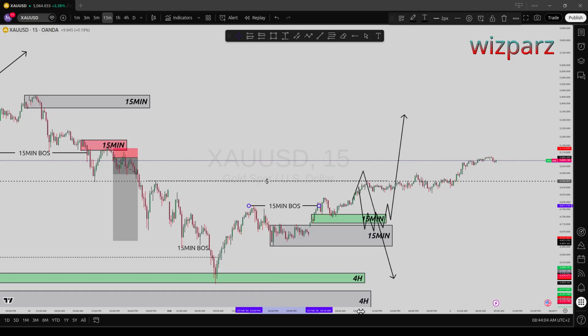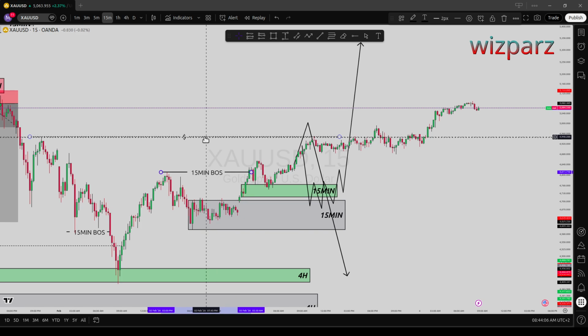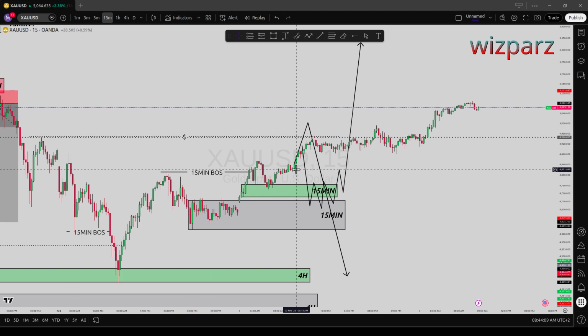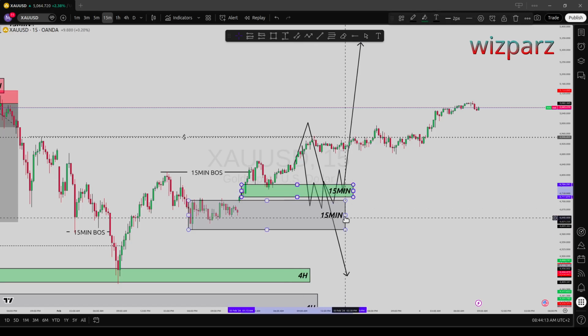So this was a big sign that the market is going to continue pushing up higher, but we were expecting price to come back to this demand area.